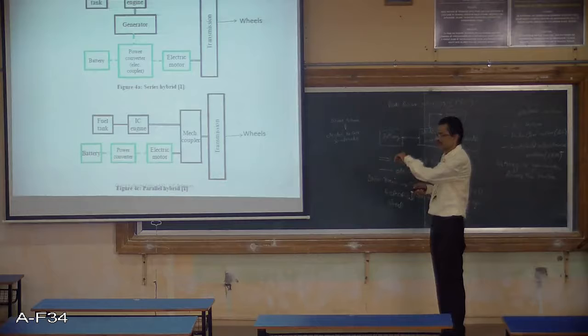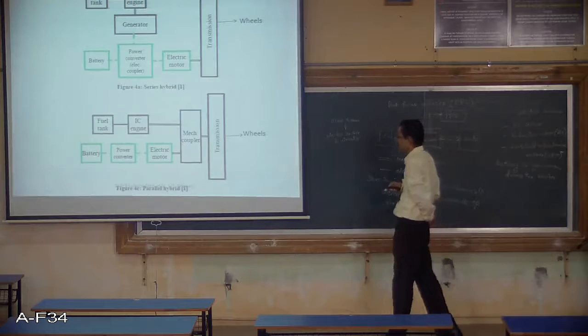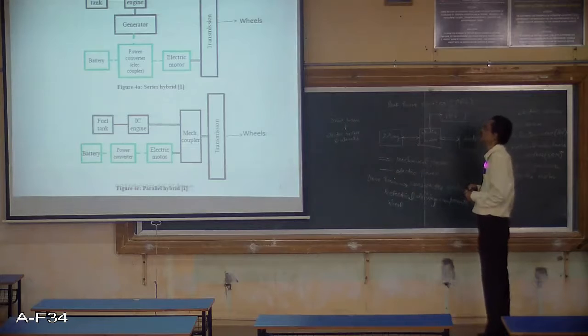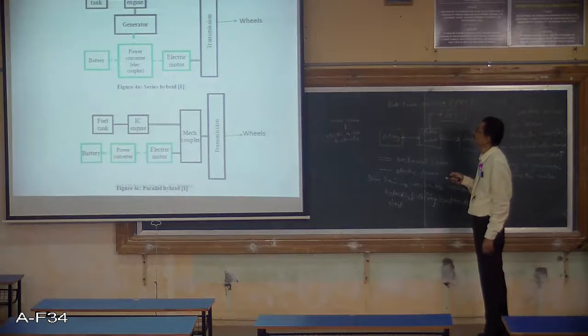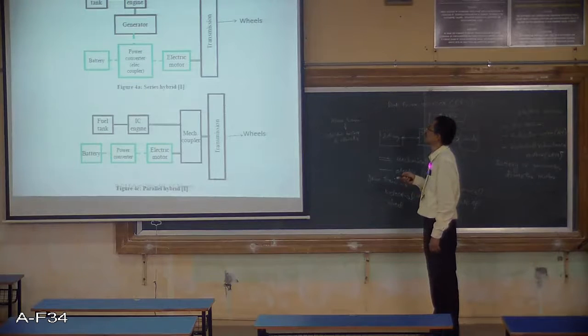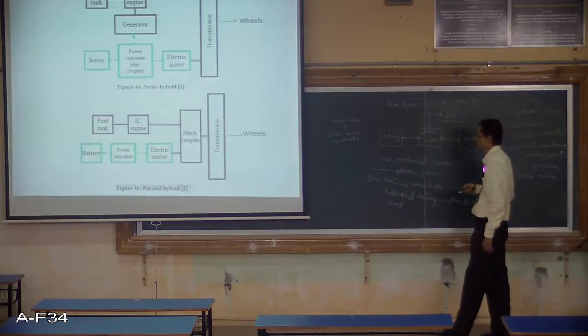In this case, the mechanical power flows from the IC engine to the generator, and this generator will supply the power to the power converter. The power converter is nothing but a rectifier which can convert AC power into DC power, or it could be a chopper which converts a fixed level of DC voltage to a variable voltage, or this converter could be an AC to AC converter, which is not very commonly used.